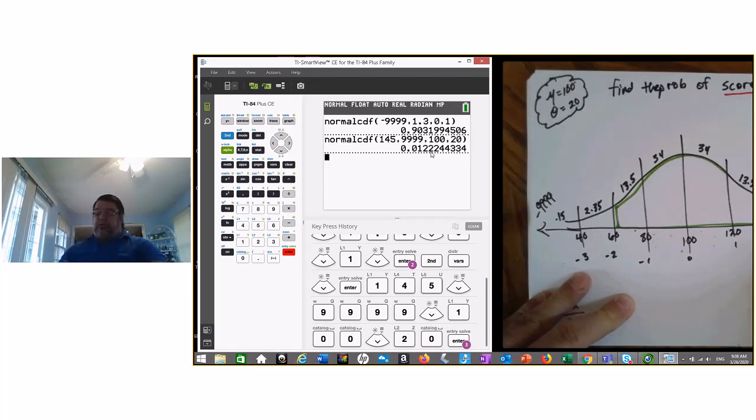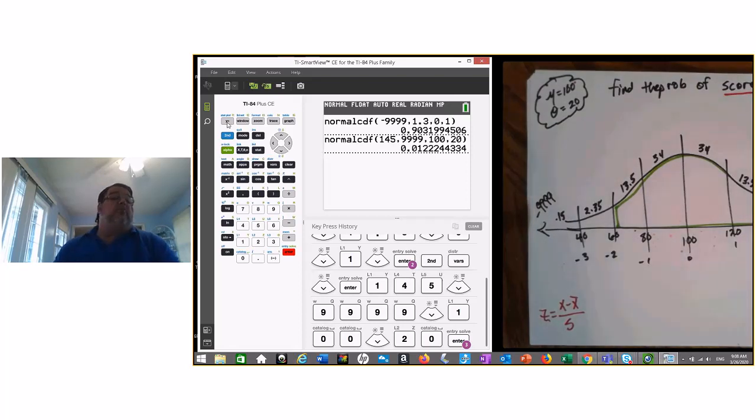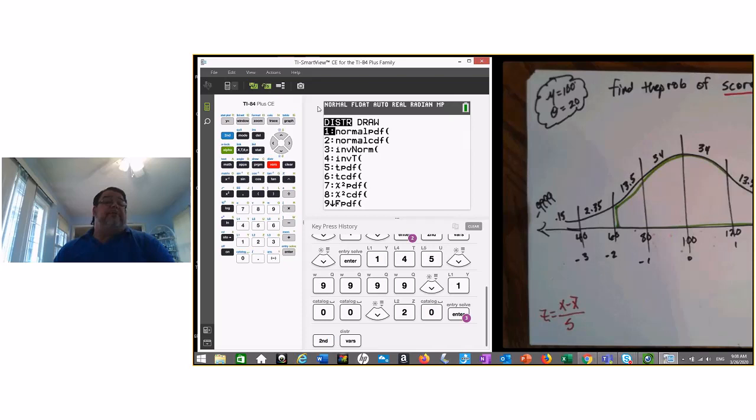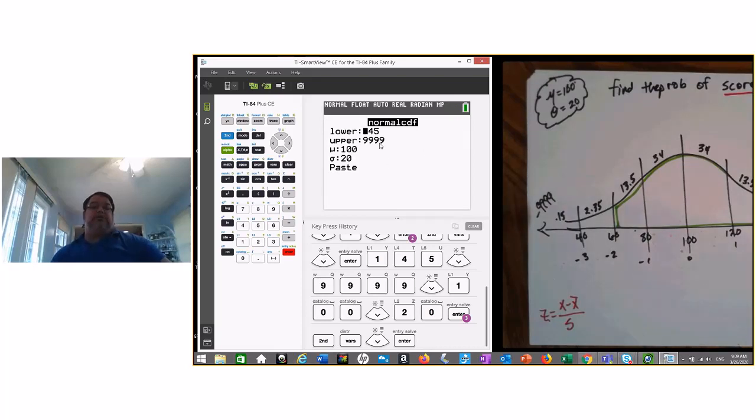Now let's do Miss Adams' calculator. Second, bars, normal CDF, and instead of 145, I'm going to type in 2.25.